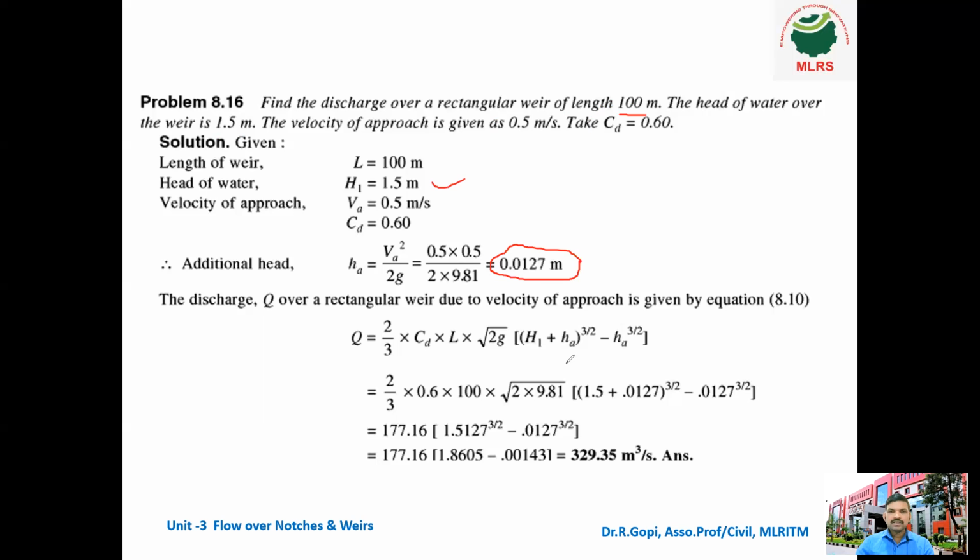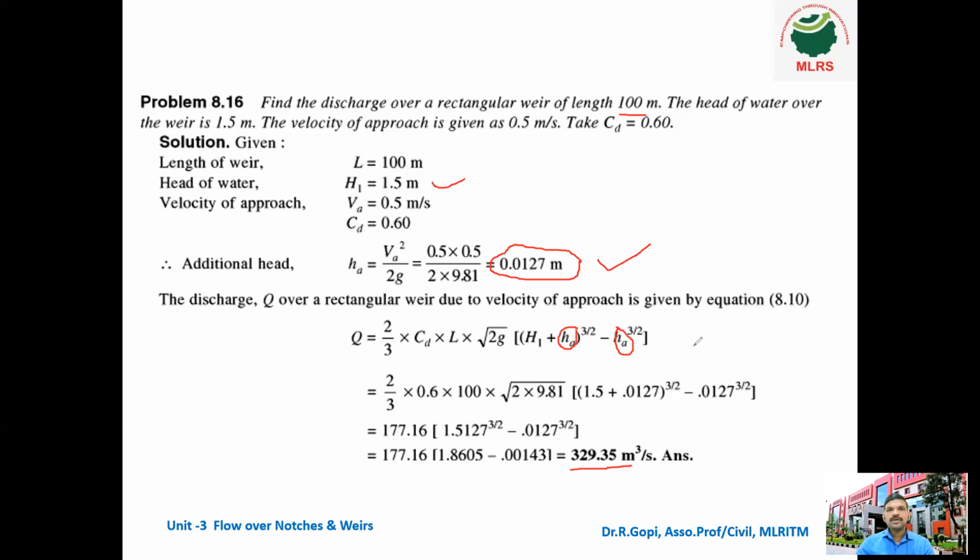Okay, so in this equation the only unknown value is HA, so for that we calculated here. Now substitute all the values and finally we got 329.35 meter cube per second. So this is the final answer.